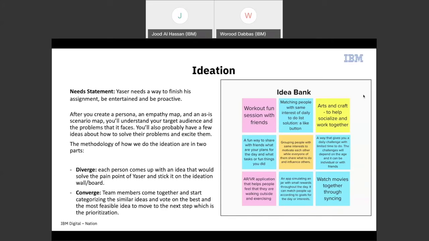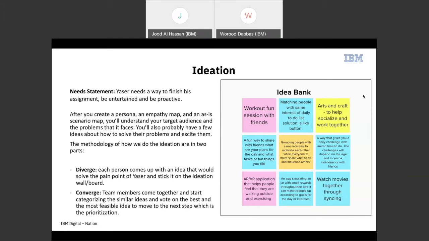But remember, ideation is not when you come up with a solution. Ideation is basically when you try to come up with a super crazy idea to solve one of the pain points, but don't limit yourself to, okay, the idea is a website, the idea is a mobile application.